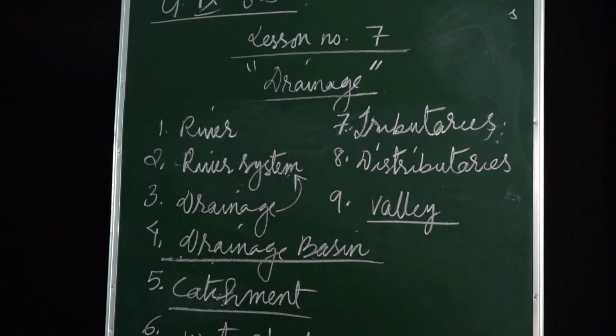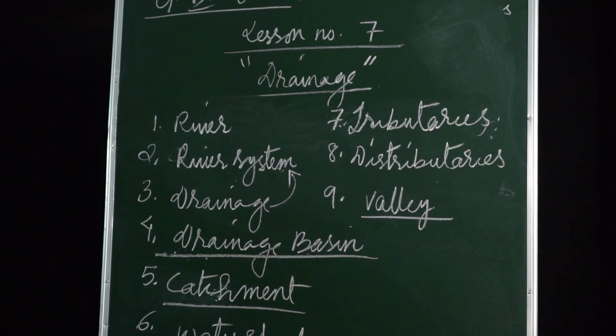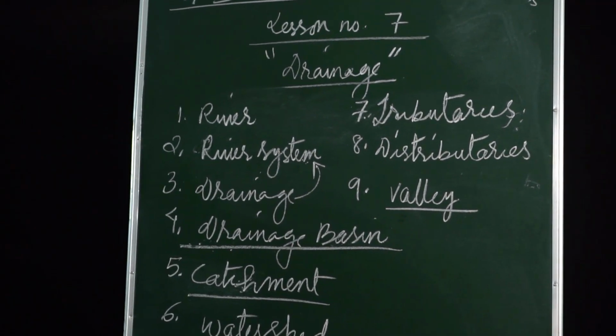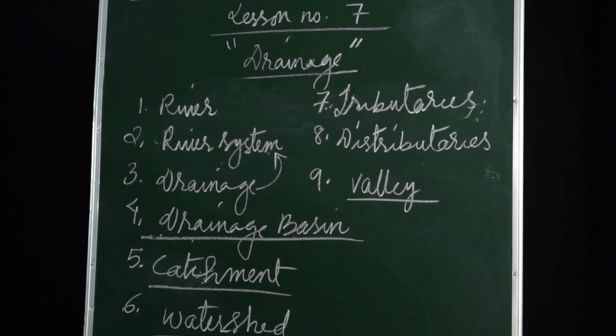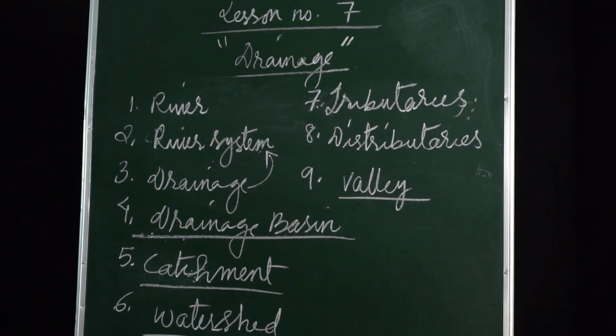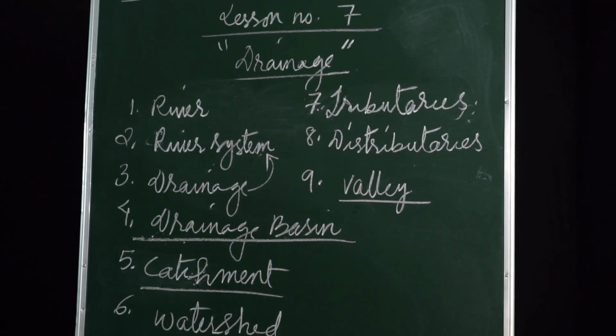So, a low area of land between hills or mountains with a river or stream flowing through it is called a valley. And every river flows through a river valley.